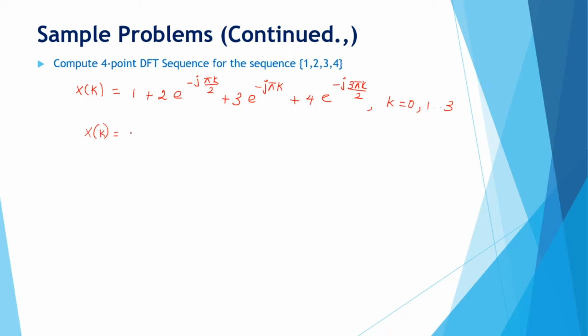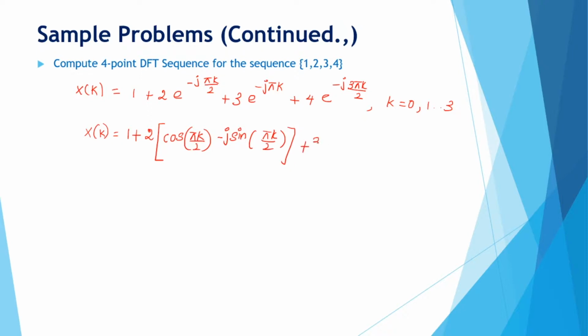First I will expand 1 plus 2 into, when I expand e power minus j theta, instead of theta I have pi k by 2. So it is cos pi k by 2 minus j sine pi k by 2. Correct?